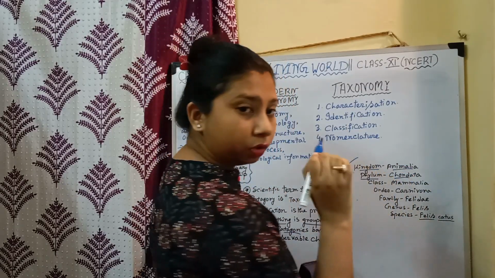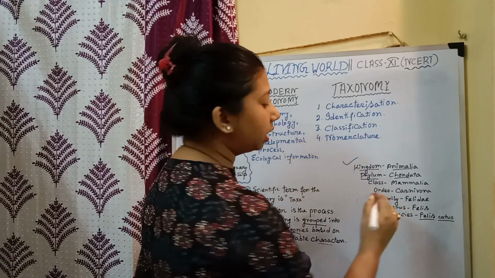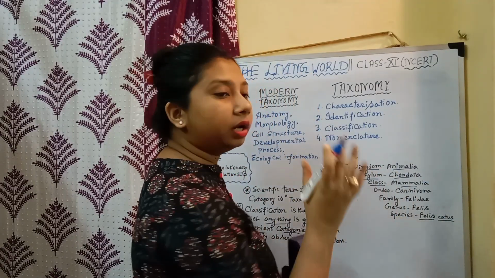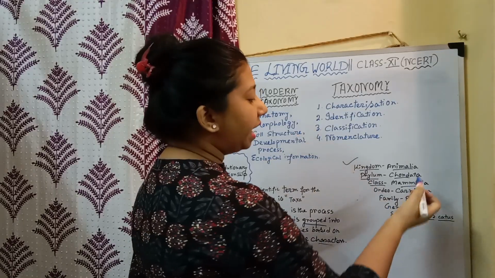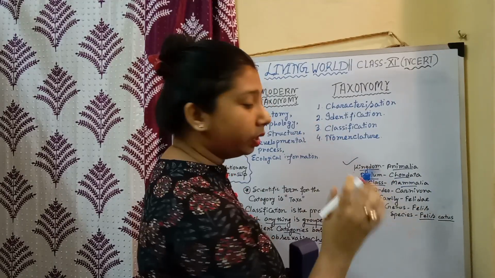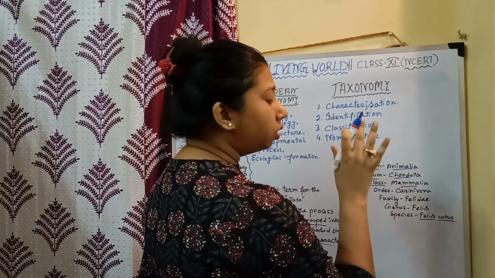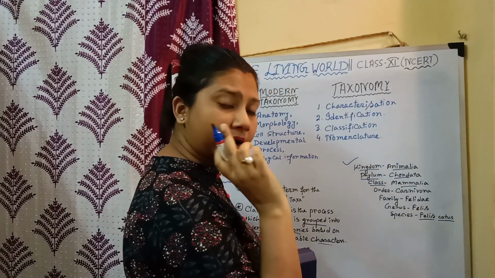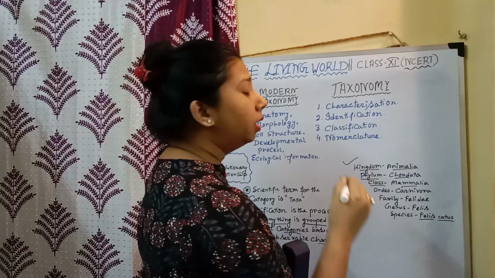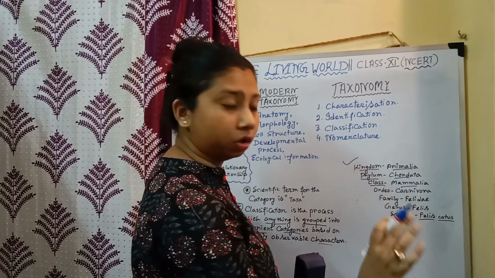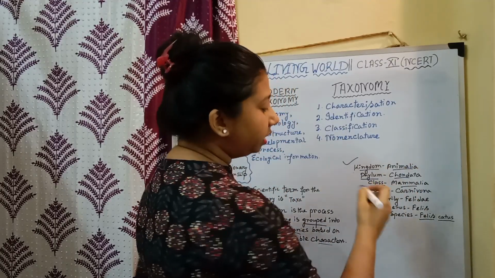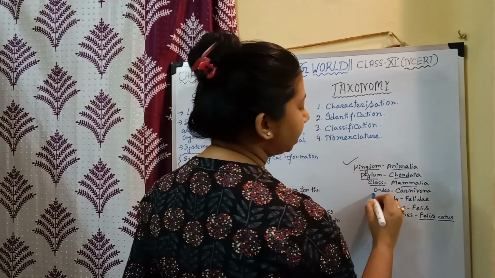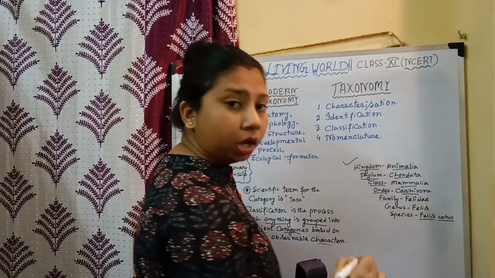Within that phylum Chordata, another relatively small category is class Mammalia. Class Mammalia means all the animals that have mammary glands. We can place all of them into that Mammalia category, and cats have mammary glands, so we can place the cat into that Mammalia category also. But within class Mammalia, another relatively small group is order Carnivora.